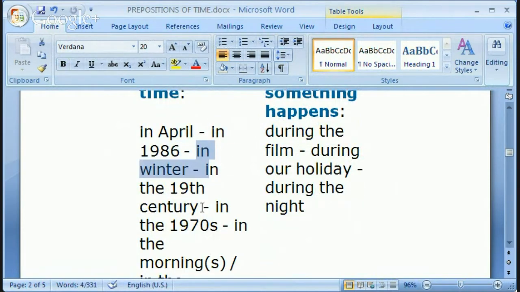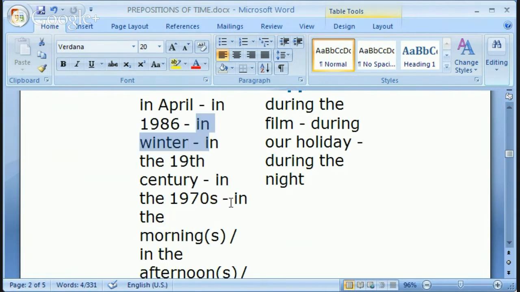In the 19th century, in the 1970s. You could even talk about weeks: in the first two weeks of April, I was on vacation. So, to talk about a longer period of time.